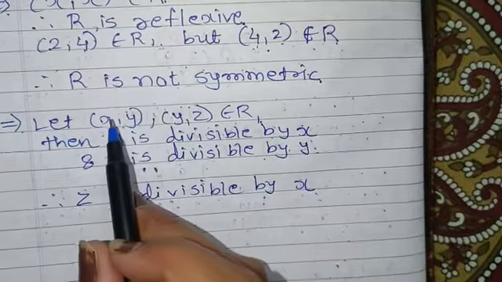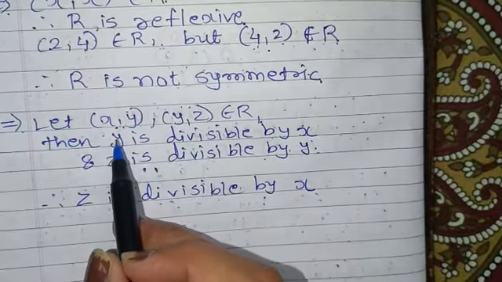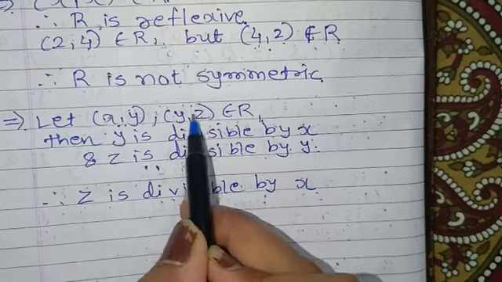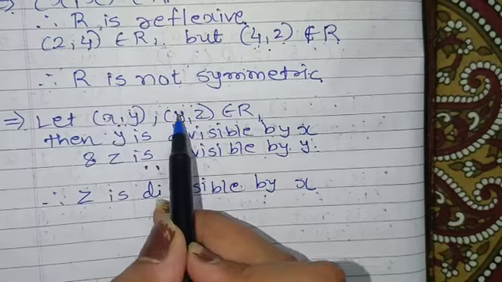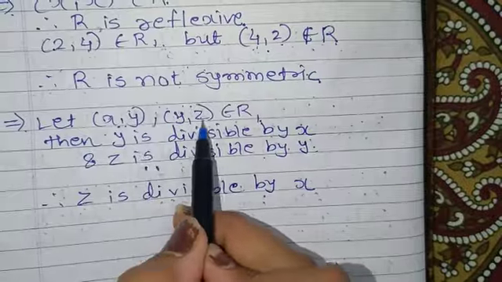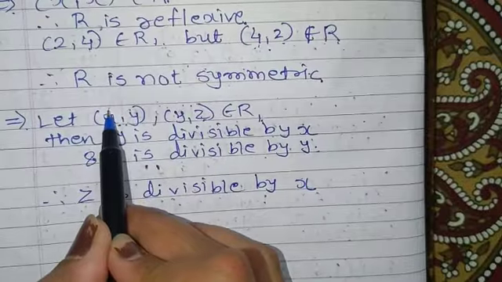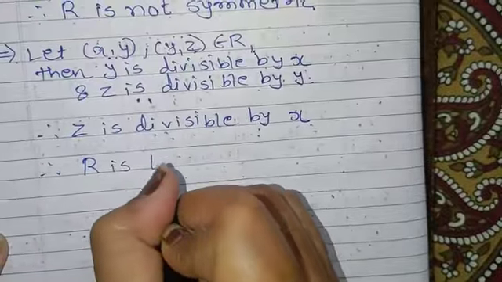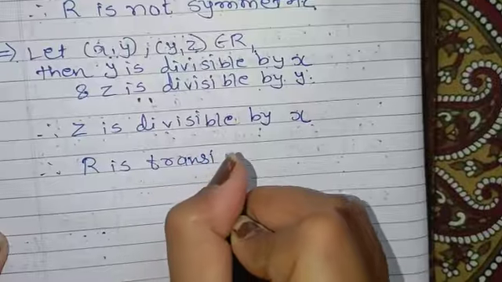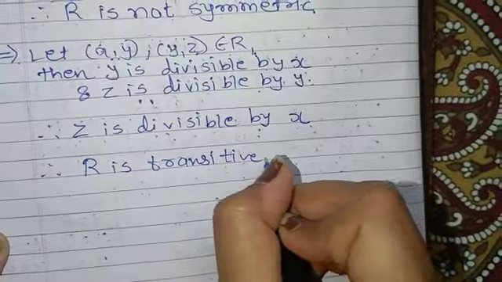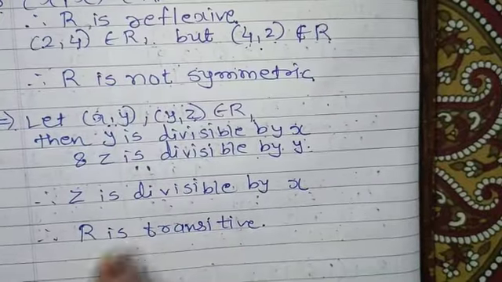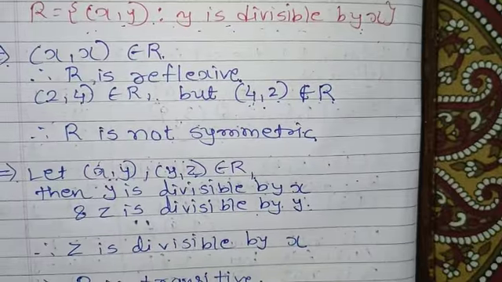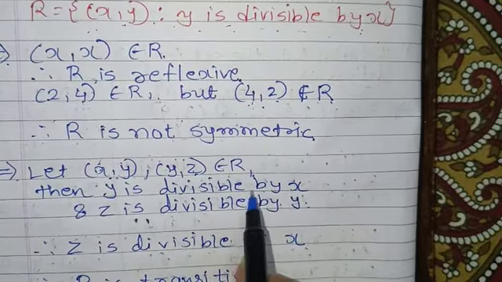Again, I will explain: y is divisible by x and z is divisible by y, therefore z is divisible by x. Therefore, R is transitive here. So in this question, R is reflexive and transitive but not symmetric.